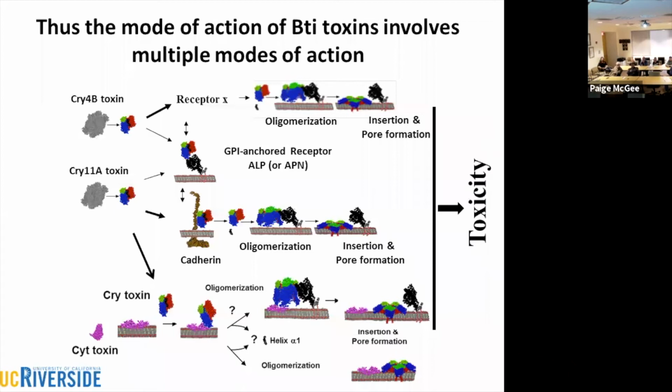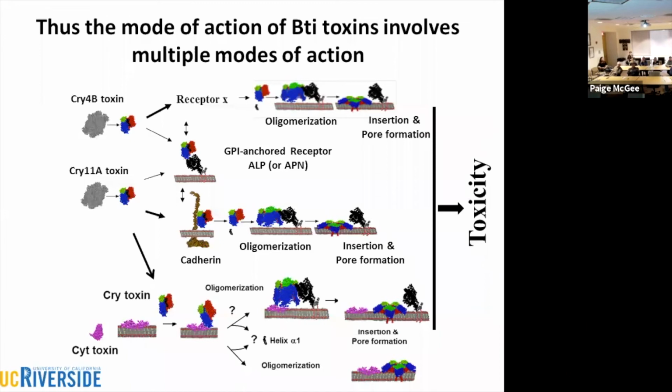As a summary, basically what you see is that the BTI toxins have multiple modes of action. The cry11A has a slightly different mode of action. The cytotoxin is a different mode, and so is cry4B. So the synergism that occurs is between cry11A and the cytotoxin, and the cry4B and the cytotoxin.